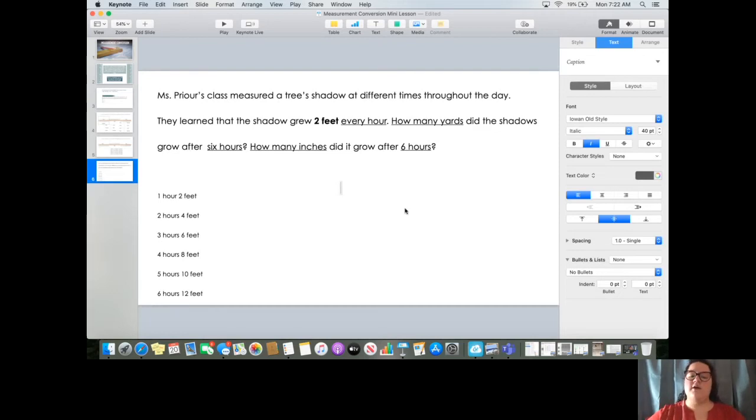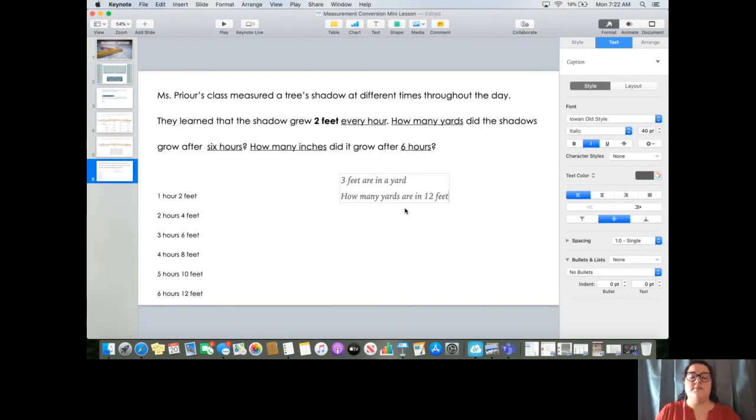How many feet are in a yard? 3 feet are in a yard. How many yards are in 12 feet?